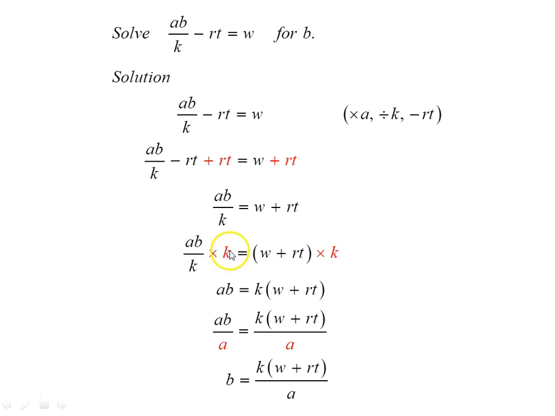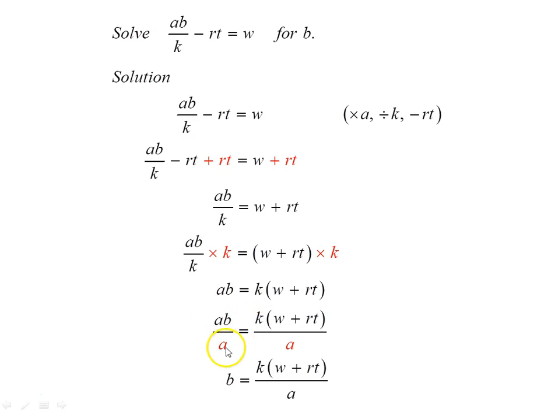Now on the left here, times k and divide k cancel out, because k divided by k is 1, so we're left with the product ab is equal to k times this bit in brackets. Next thing we want to get rid of is the times a, because we just want b by itself. The inverse operation is divide a, so on the left if we divide by a, then we must also divide everything on the right by a as well, in order to keep this equation equal.